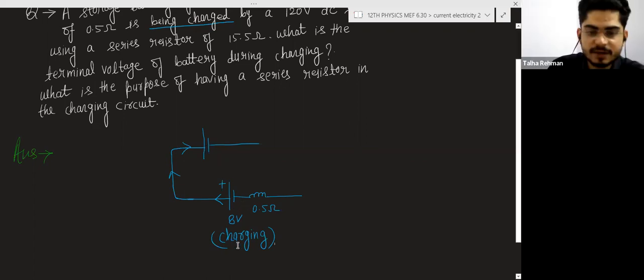So here, this 120 volt battery is charging this 8 volt battery, but this 120 volt battery itself is discharging, because it is giving the energy to this one.